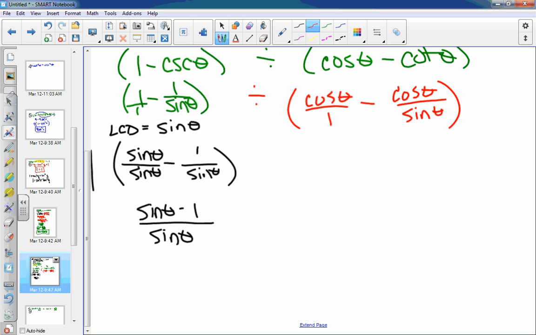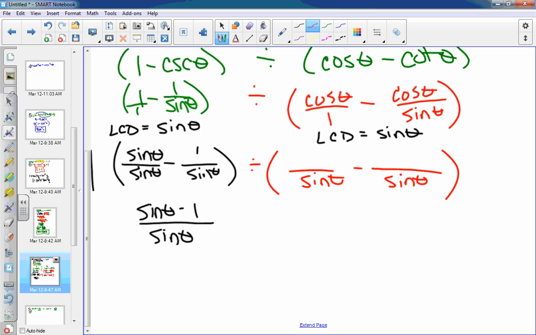Okay, so now what? What's my LCD? My LCD is going to be sine. So I drop that down, and I need each one of these to turn into a sine. Notice my second fraction already has a sine in it, correct? So I just drop down the cosine. Now what did I multiply 1 by to get sine?